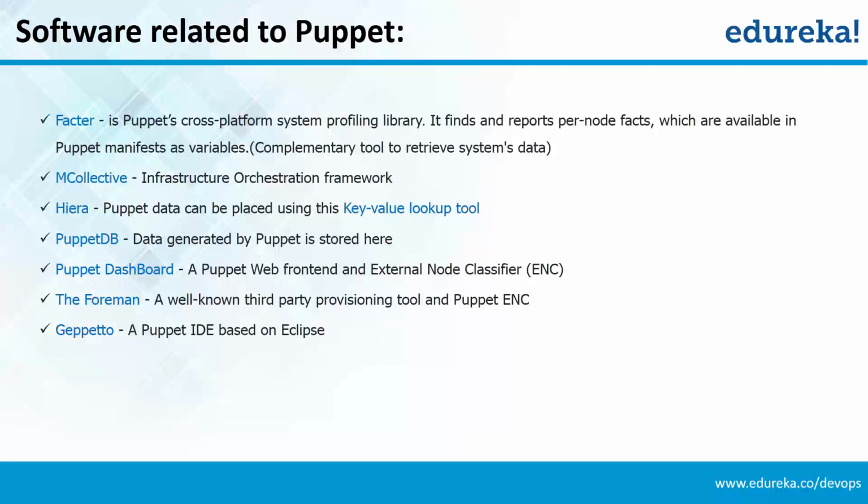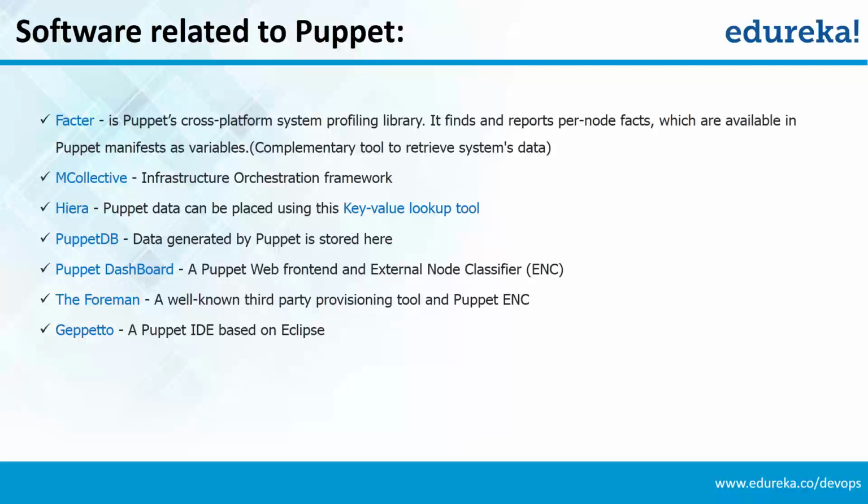What Puppet really does in the background, your client or master, is use a tool called Factor. Even though you are not running this directly, and you can still run it directly, it is used by the client or the master in the background to collect information about the system.